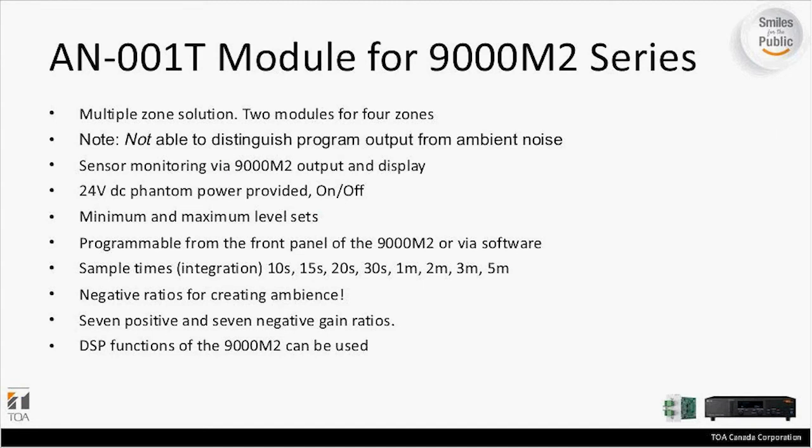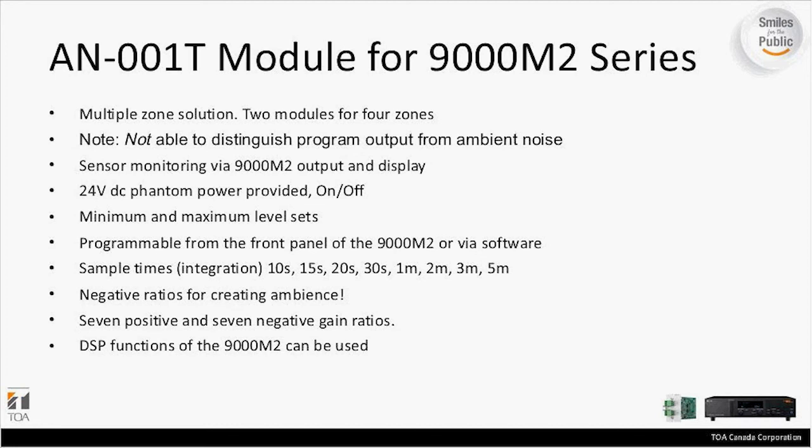It can control multiple zones. So each of the main frames of the 9000M2 can take two of the AN001Ts. Each AN001T then can connect to two sensing microphones. So basically you can control 4 zones by using one 9000 M2 series.